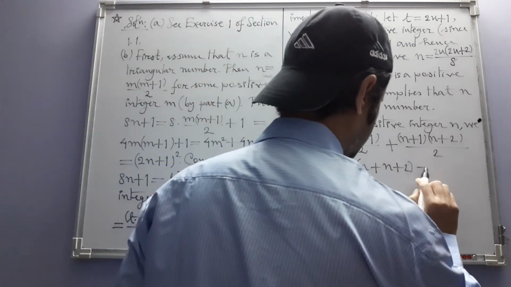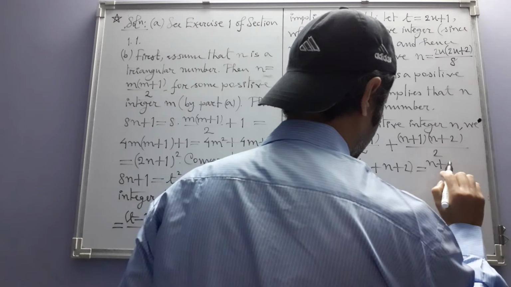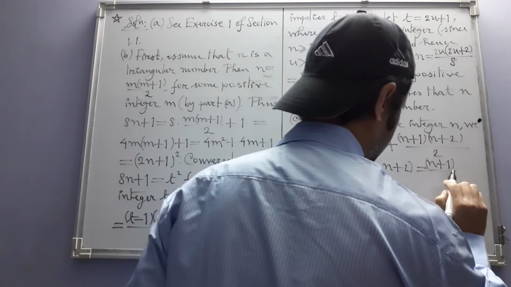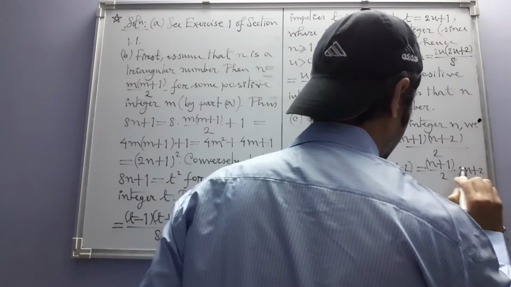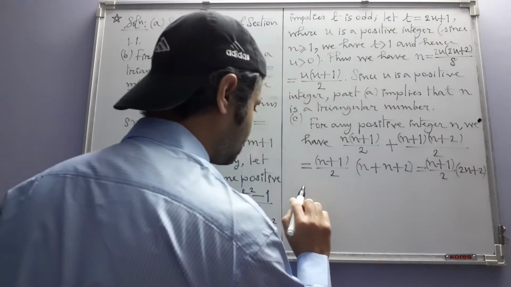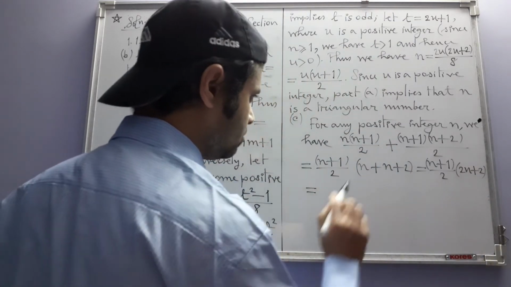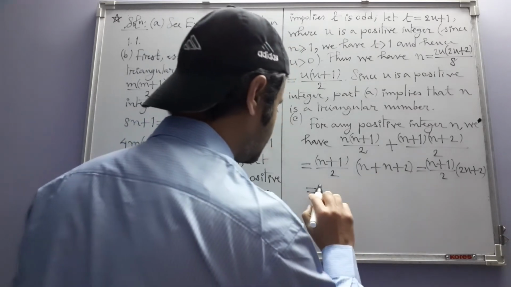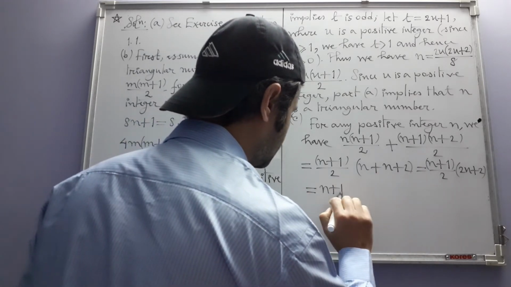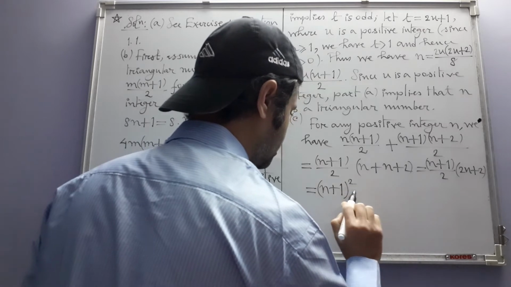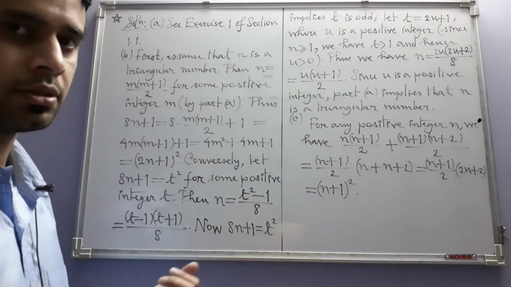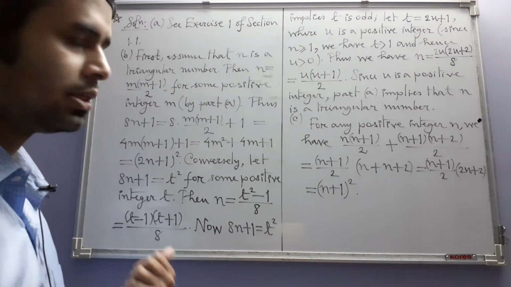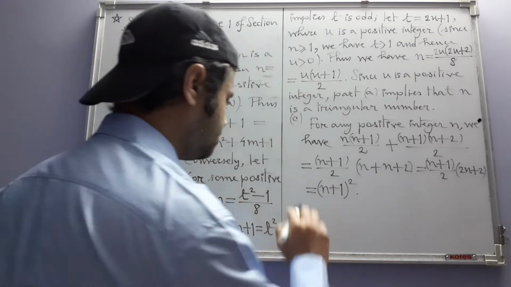That means n plus 1 divided by 2 times 2n plus 2. After cancellation of that 2, we have n plus 1 times n plus 1, so this is n plus 1 whole square. So that's why sum of two consecutive triangular numbers is always a perfect square.